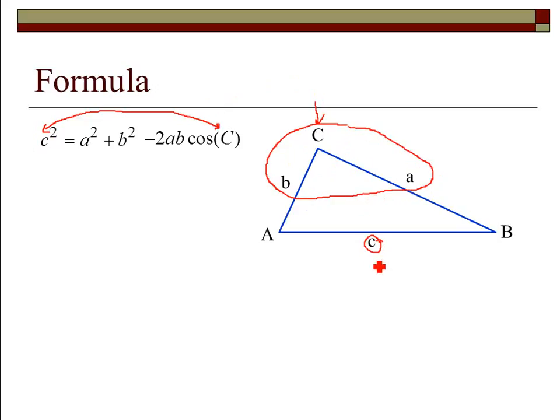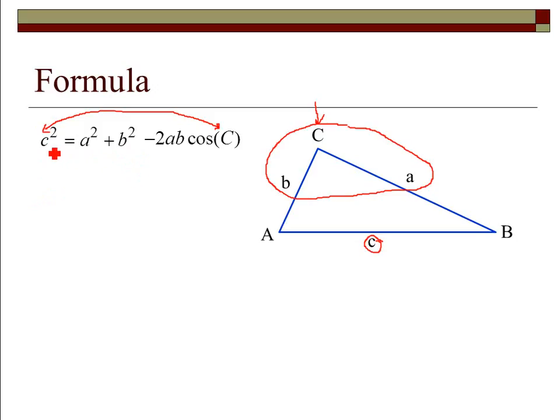The c squared is by itself, and all these guys are connected. Then it's this one squared plus this one squared, minus 2 times these two, cosine of the angle opposite this one right here.